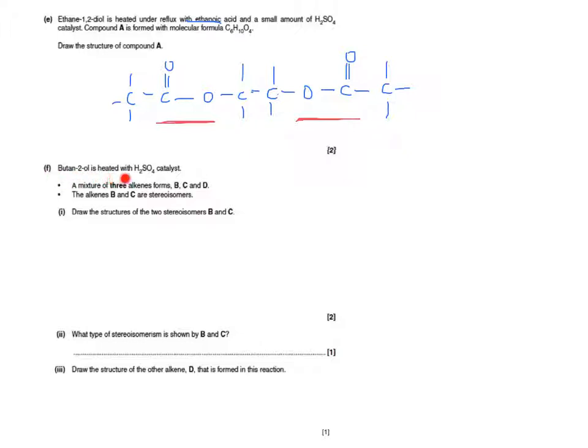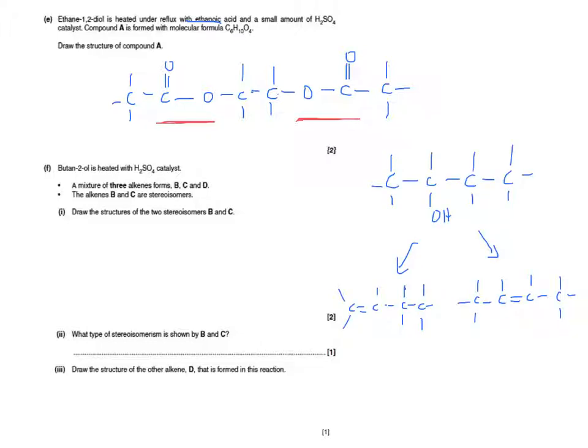In this question, butan-2-ol is dehydrated when heated with sulfuric acid. Dehydration will form a double bond here or there after a water molecule has been removed from these positions. Only this version will form EZ isomers, since these two things are different on each carbon atom.